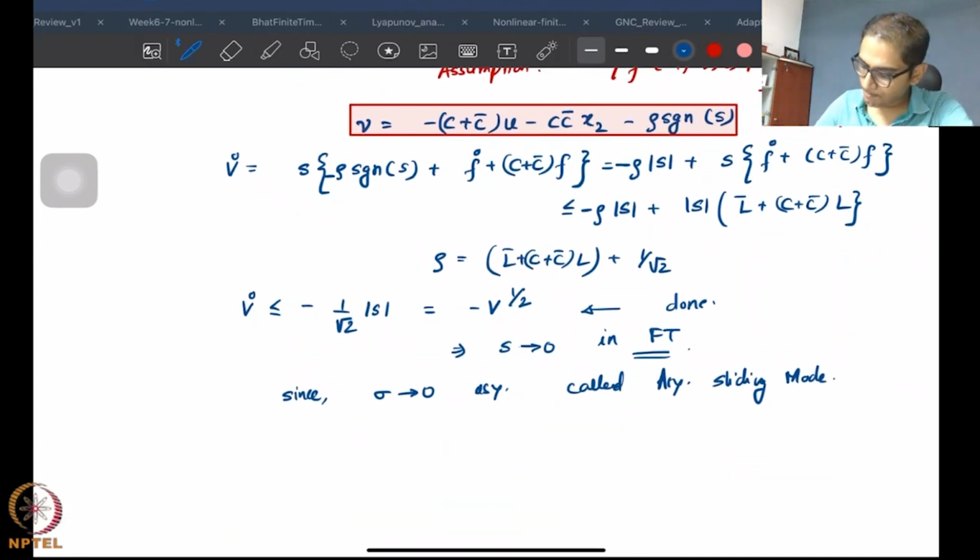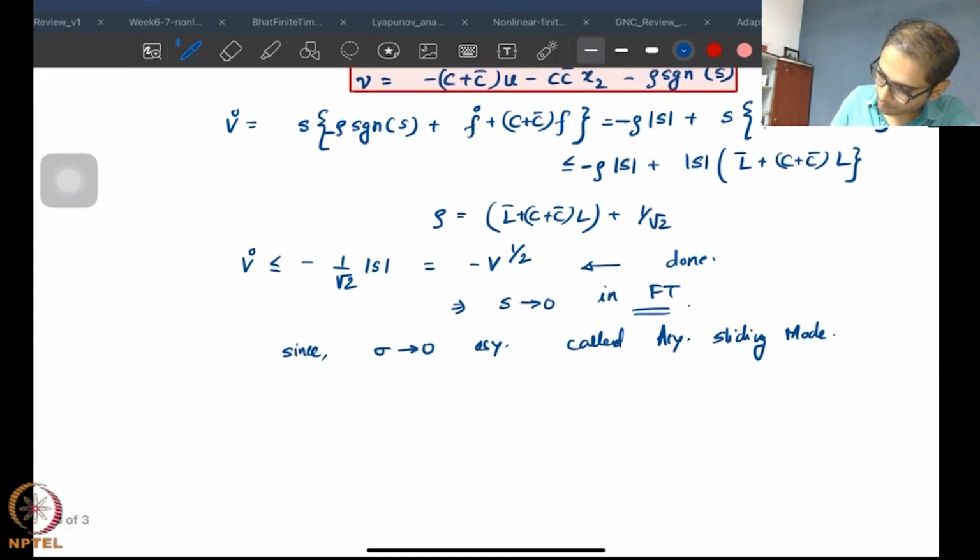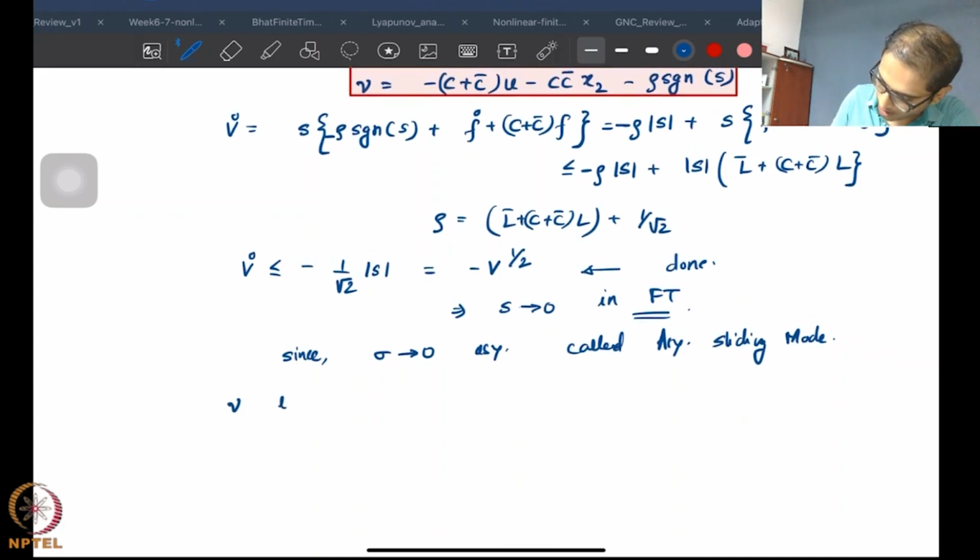But notice that V is not directly implemented.